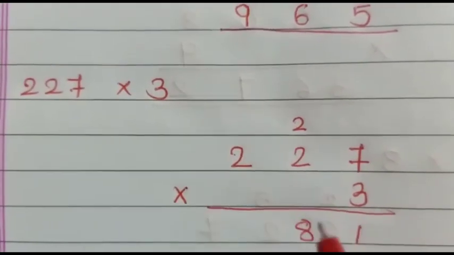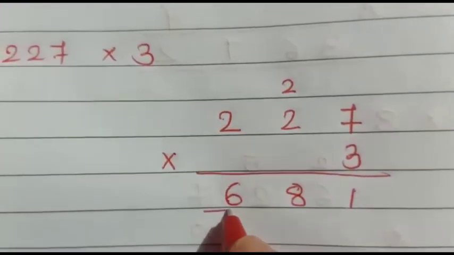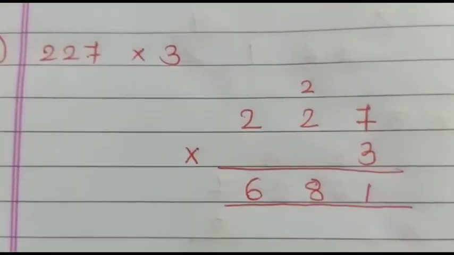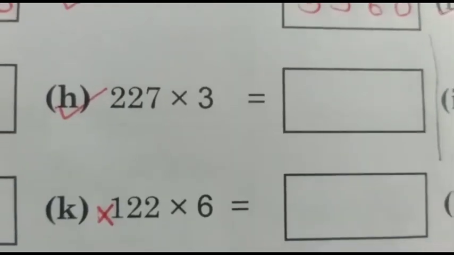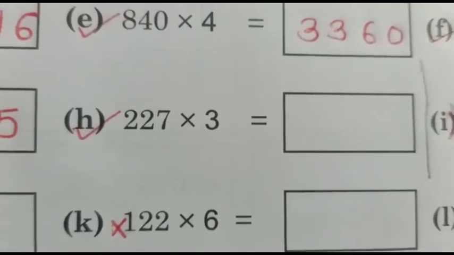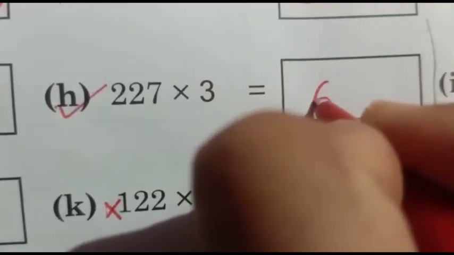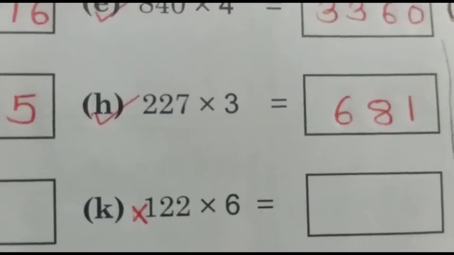Again 3 2s are 6. So the answer is 681. Now let us write this answer in your combined book. Now students, here H1, 227 multiplied by 3 is 681.